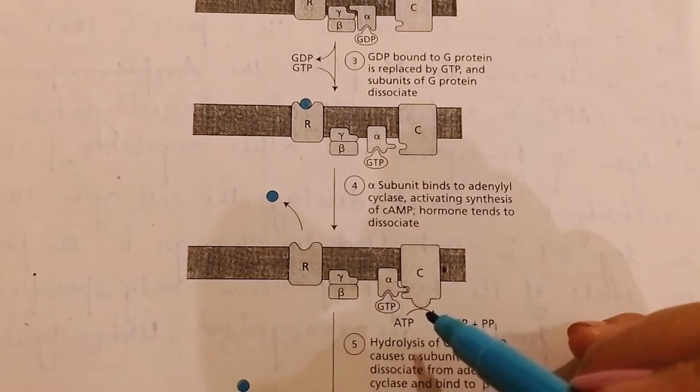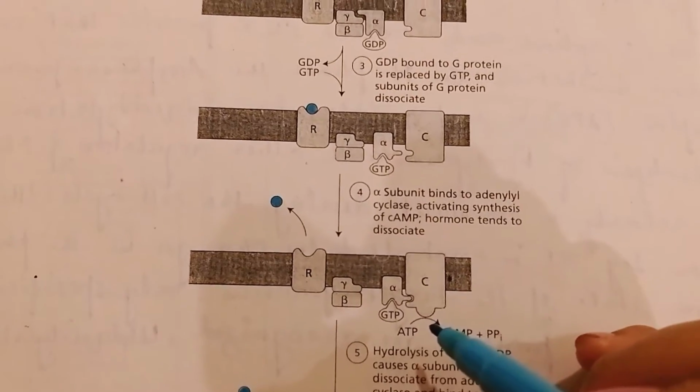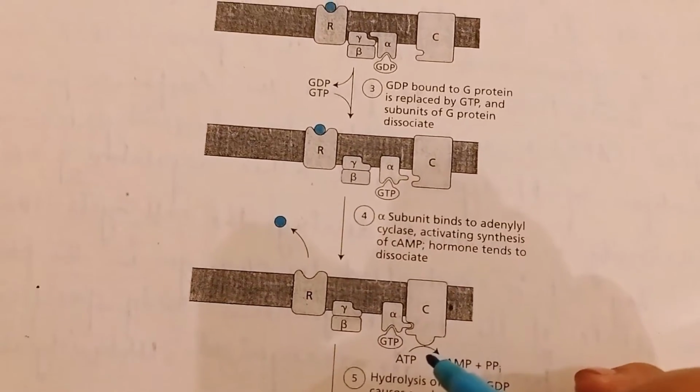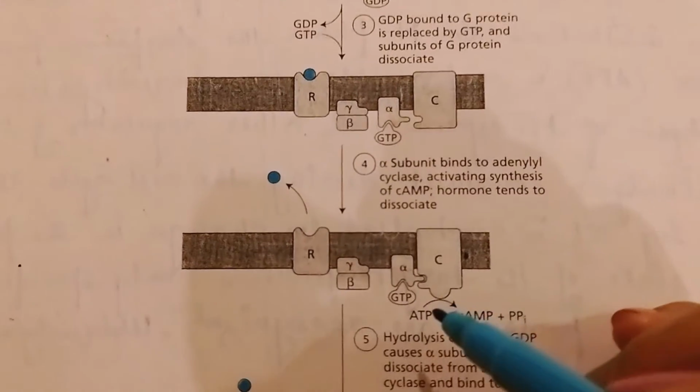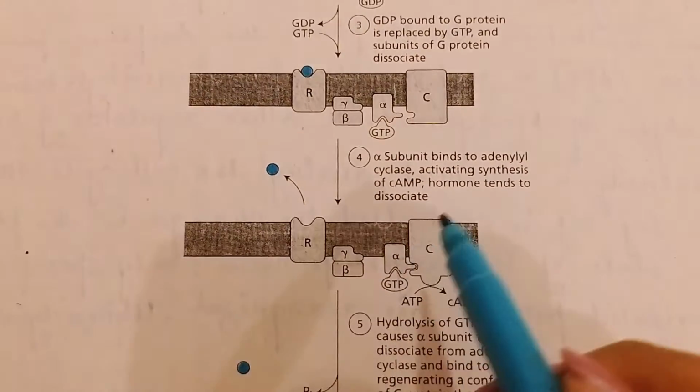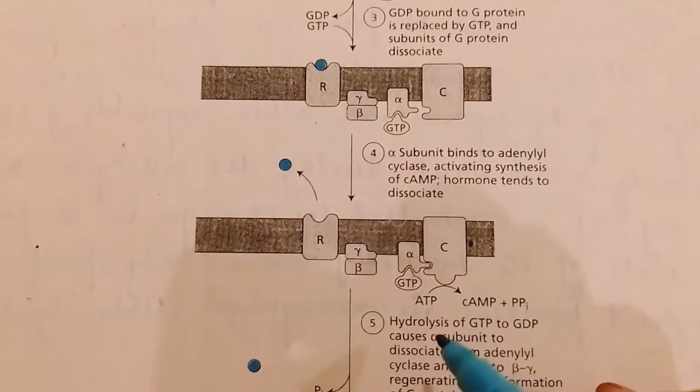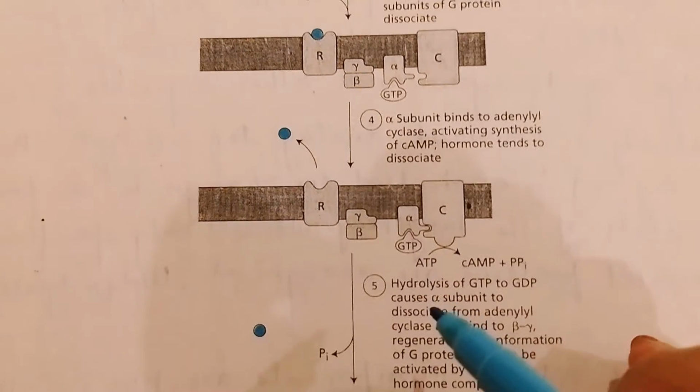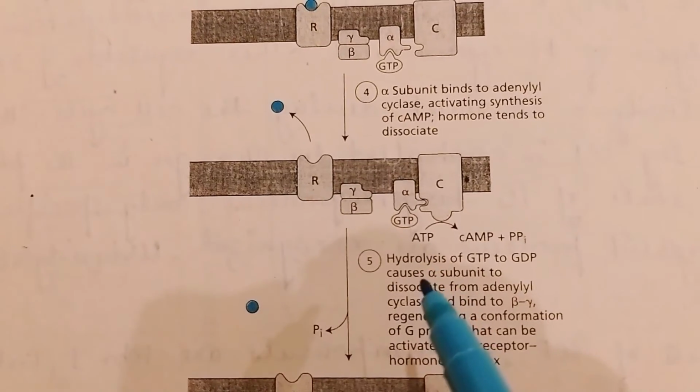Cyclic AMP is the second messenger that we are talking about here.